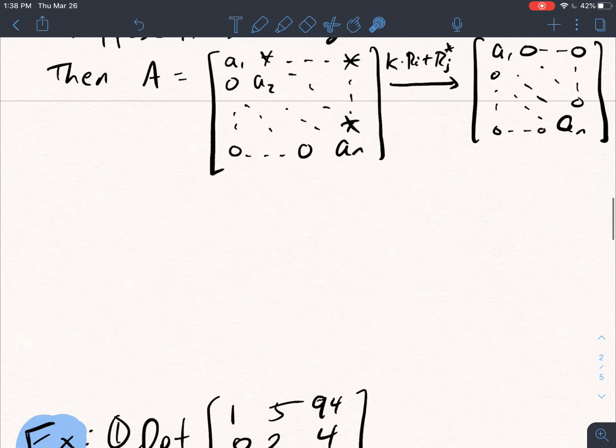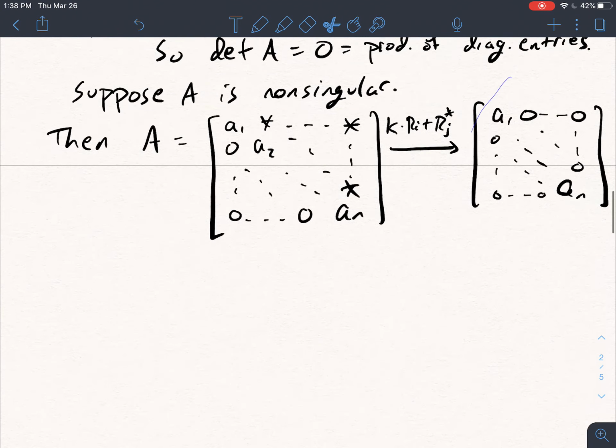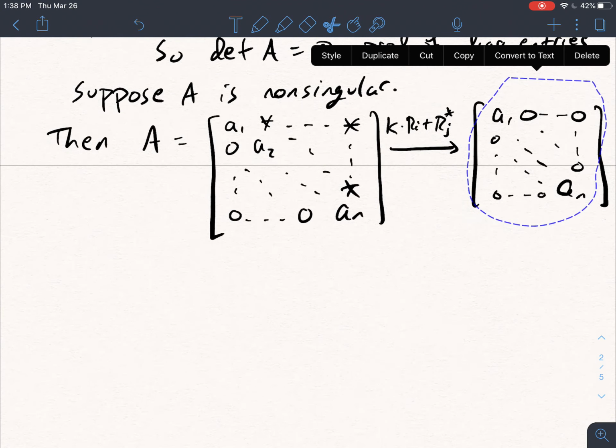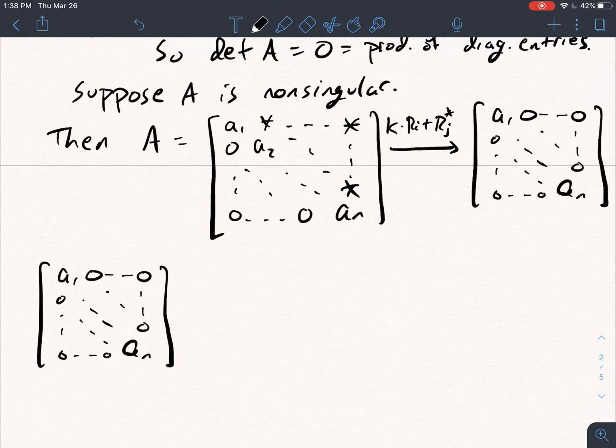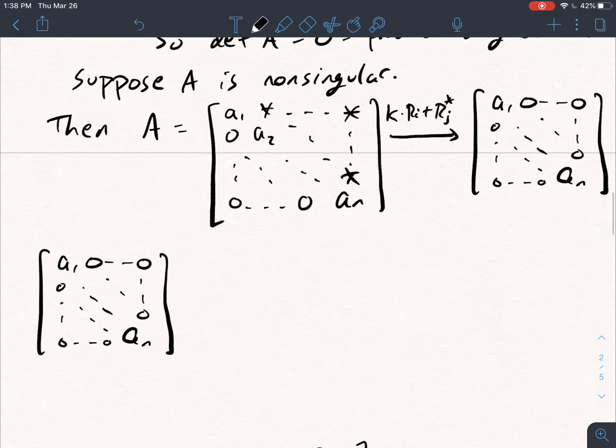Okay, so now let's copy and paste this over here. Now what can I do? Well, I can multiply each row by 1 over a_i, and since A is non-singular, each a_i is not equal to 0.